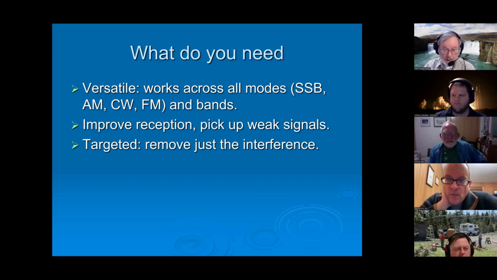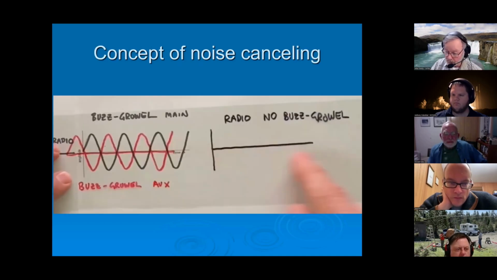So let's see some of the ways that we solve this. One of the ways you do it is a concept called noise canceling. Down on the left side here, I don't know if my cursor comes across or not, but it doesn't look like it does. This is where you take two antennas.